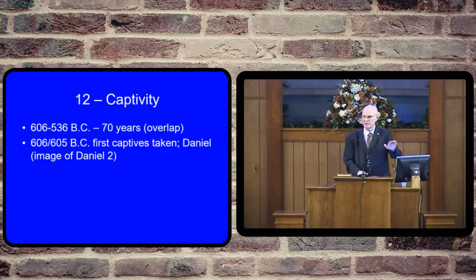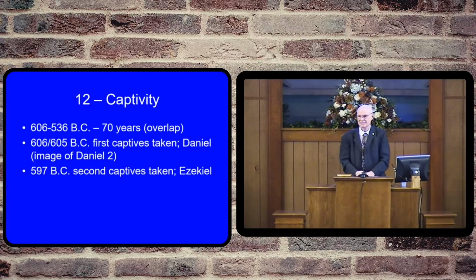So remember Daniel and the image of Daniel chapter 2. We'll touch on that some more in just a minute. So Daniel is in the first group of captives taken. In 597, another group is taken captive from Jerusalem into Babylon, and this would include Ezekiel. So Daniel's gone, Ezekiel's gone.